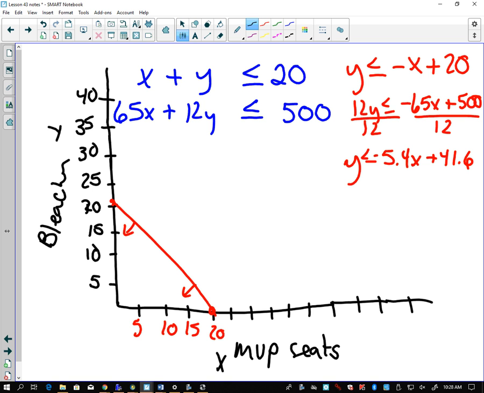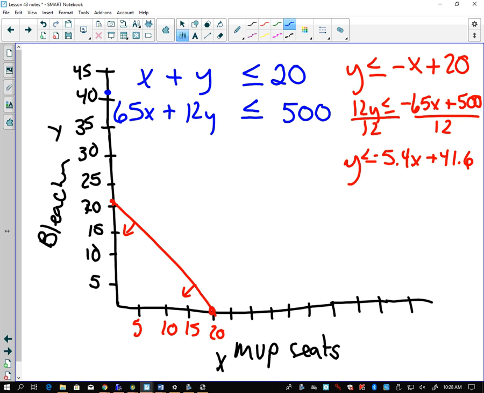Okay, so we get something like, oh, we actually have to go up a little bit further, don't we? 40, 45. So we're actually looking at like here, right? And going down, you know, negative 5 over 4. So we may actually even have to find our x-intercept, right? Do we remember how to find an x-intercept? Set y equal to 0.